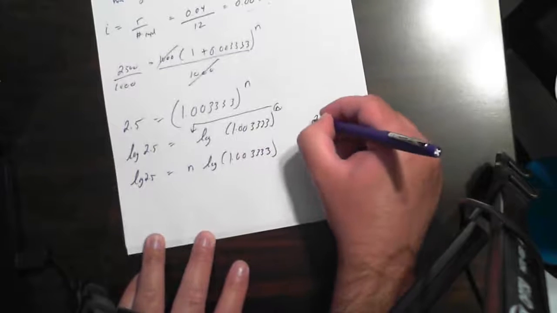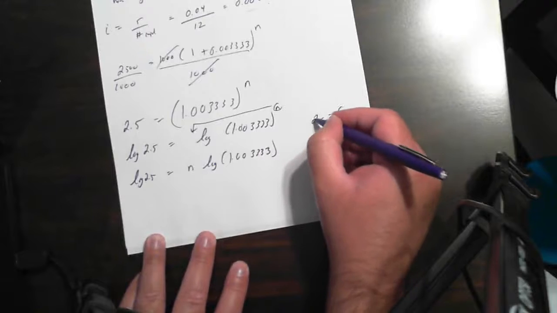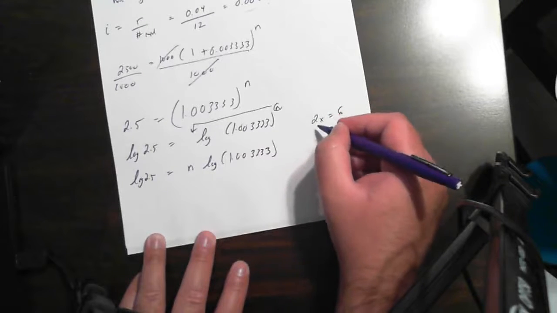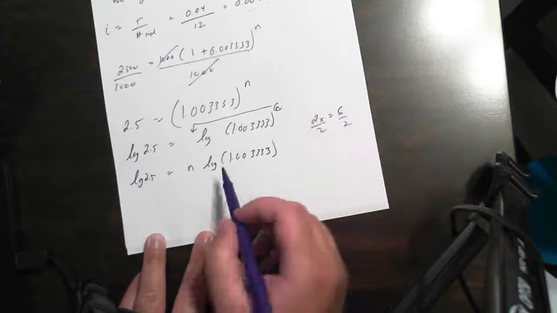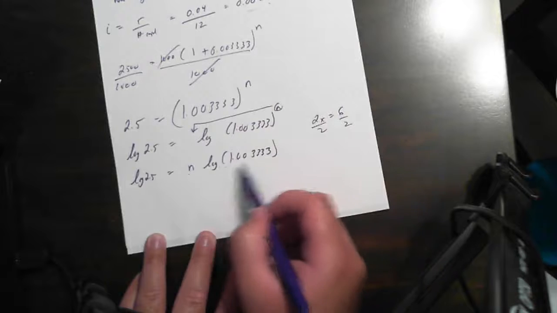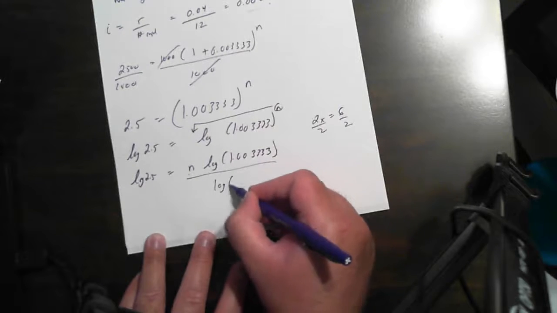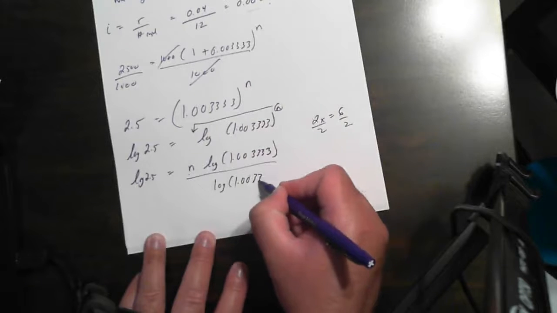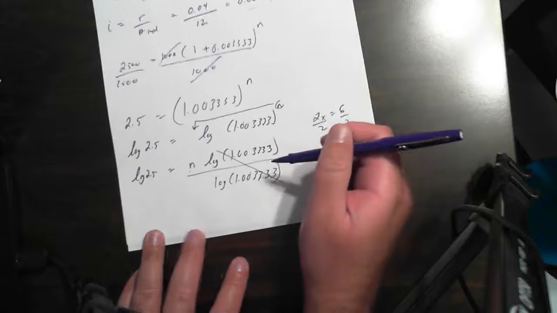This is really kind of the same as having 2x equals 6. To find out what x is, I would just quite simply divide by the number that's multiplied by x, which in this case is 2, right? So in this case, I've got n times a number. So to get rid of this number that's stuck onto the n, I just divide by it, whatever it is. So in this case, it's log of 1.003333. That would cancel that off then.